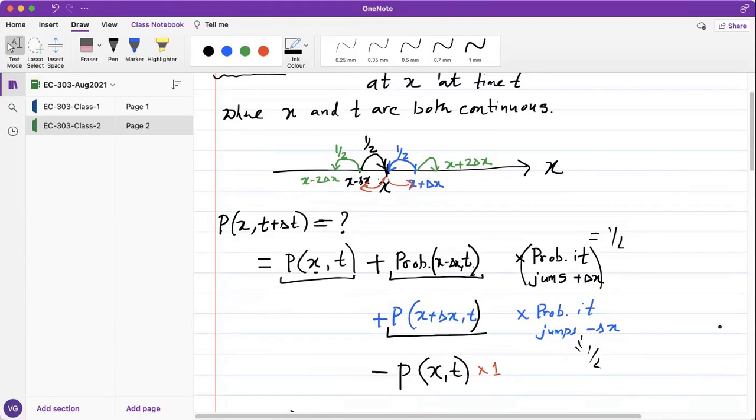So this delta t need not be a deterministic time step, and this delta x need not be a deterministic spatial step. They could both have distributions, and as long as they have finite variance, the results will be true.